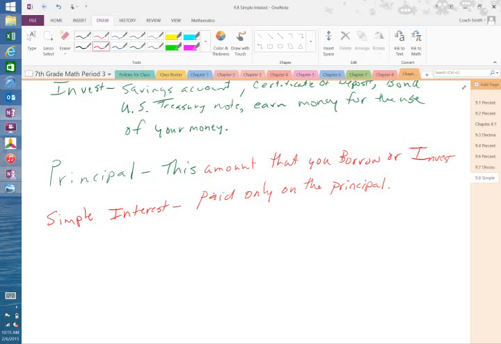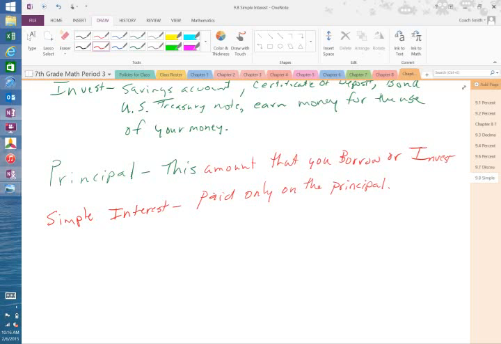So now you would have $1,210. Then they're going to pay you 10% on $1,210, and so you can see that you're going to get more money that way than if they just pay me $100 each year on the original $1,000. And so that's the difference between compound interest and simple interest.